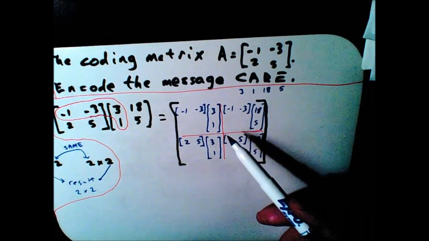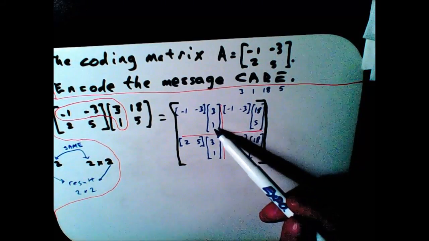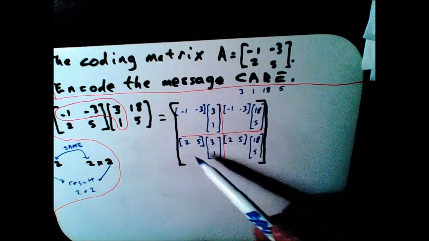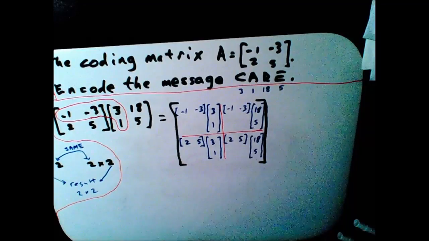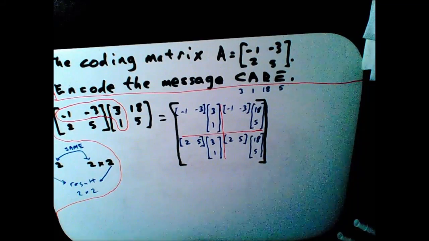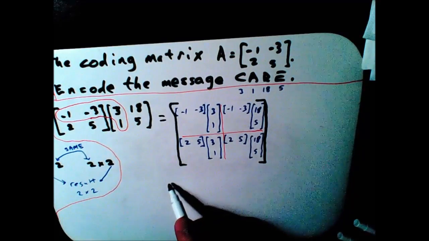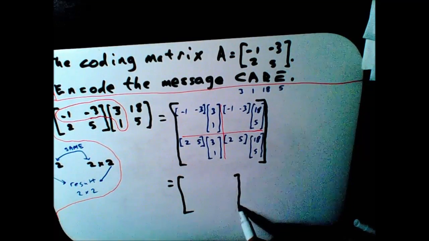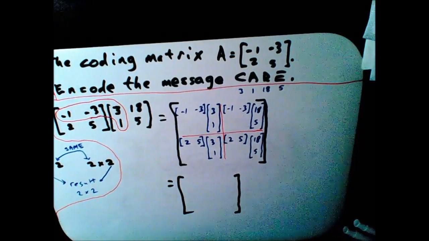And that number is going to be the entry in row 1, column 1 of the 2 by 2 matrix that we're going to have for the answer. So let's set up our 2 by 2.